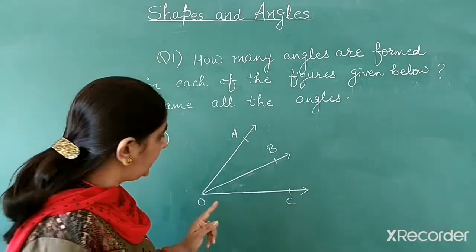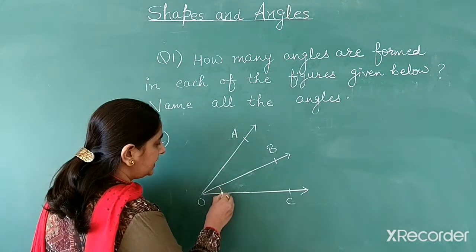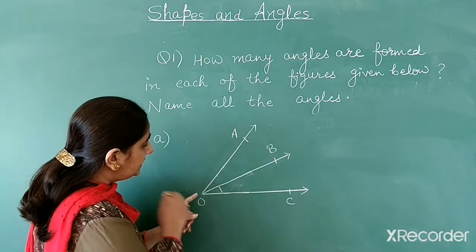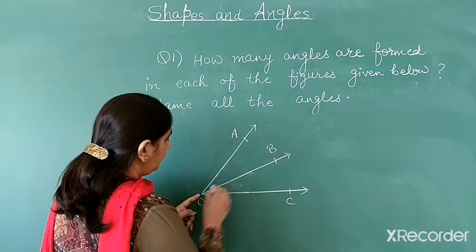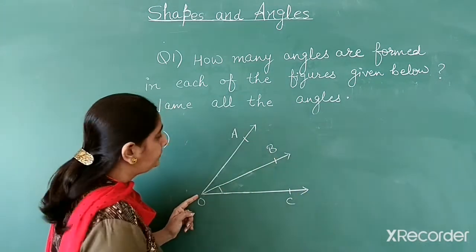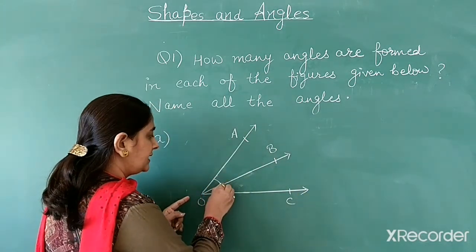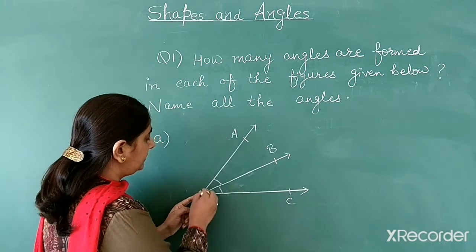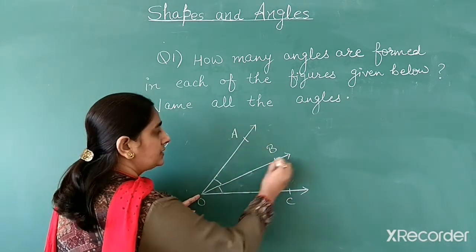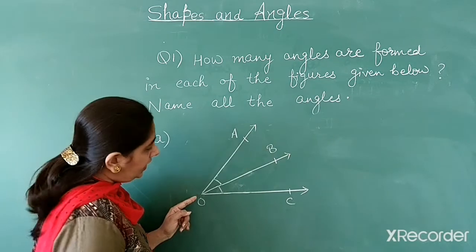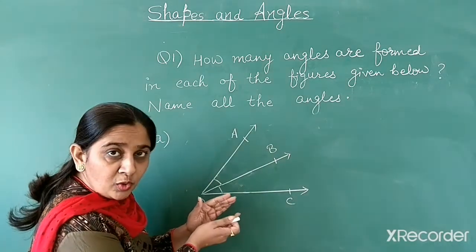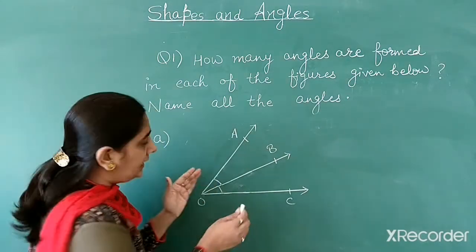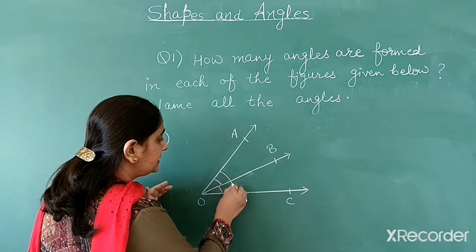So, look for the first angle. Now, this is the first angle. This angle is made by the ray OB and ray OC. Now, this is our second angle. It is made by the ray OA and OB. Now, if you join these two smaller angles, you will get a bigger angle, and that bigger angle is this angle.